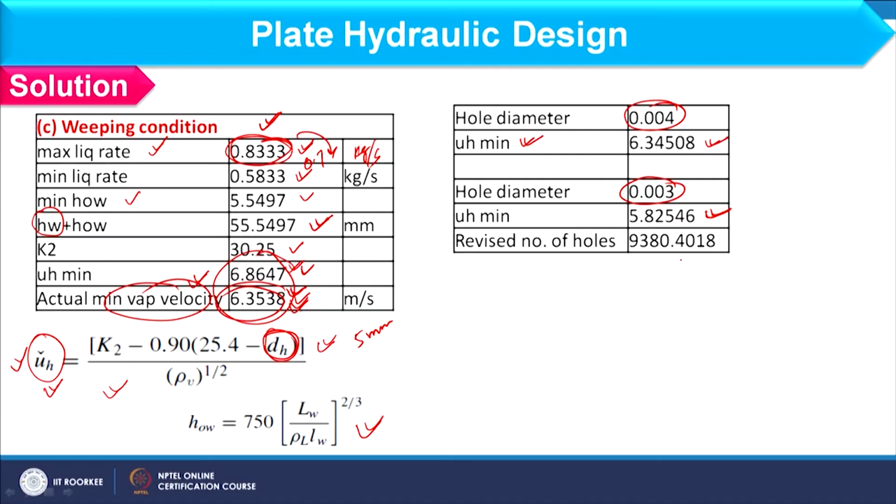Now, what diameter of hole have you chosen? It is basically 3 mm. So, we have to again calculate the number of holes which we have already calculated in the last part. Okay. So, the revised number of holes should be 9380. Okay. That you can simply calculate, and so we are ending this lecture.